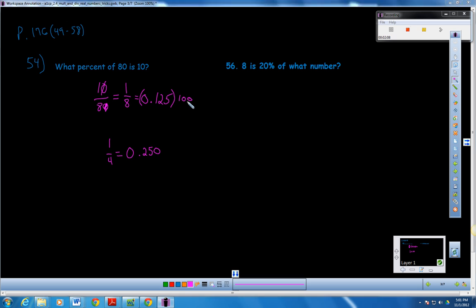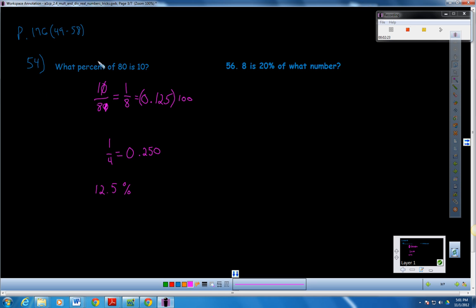So when I multiply that by 100, I know that I can end with 12.5%. Okay, 12.5%. That is what percent of 80 10 is. Okay, so it's 12.5%, and I found that just by dividing.